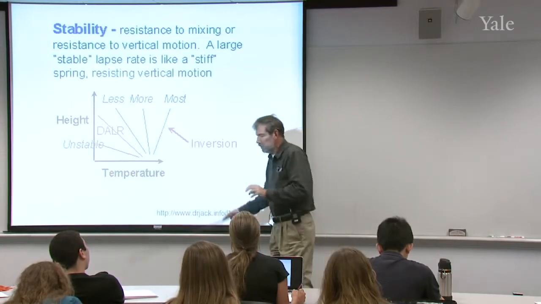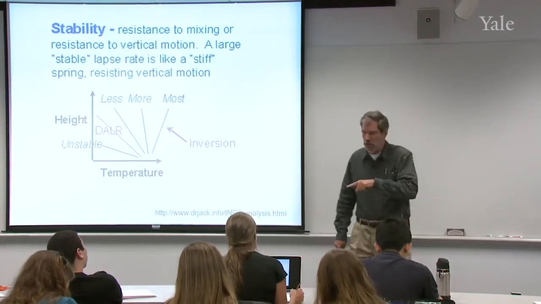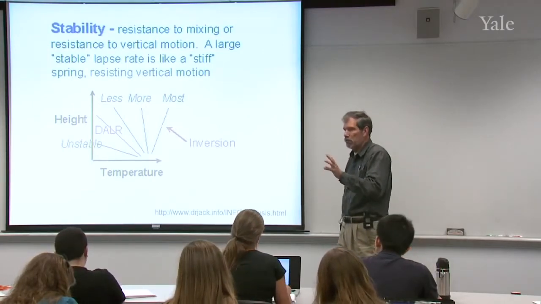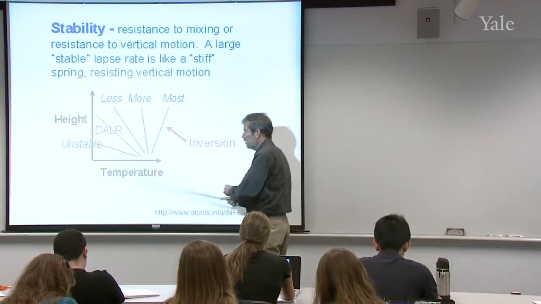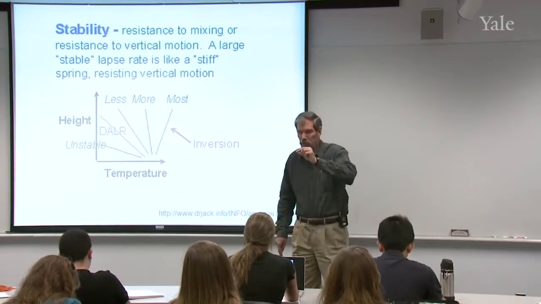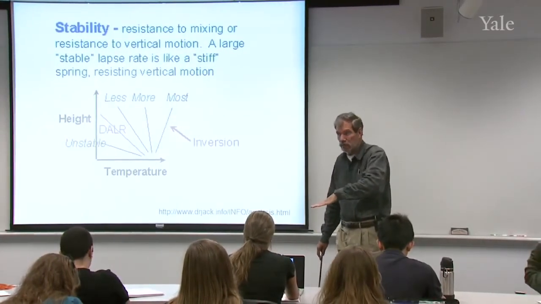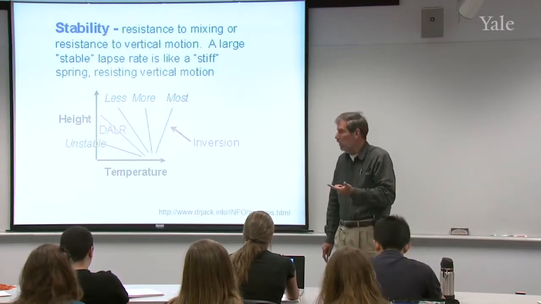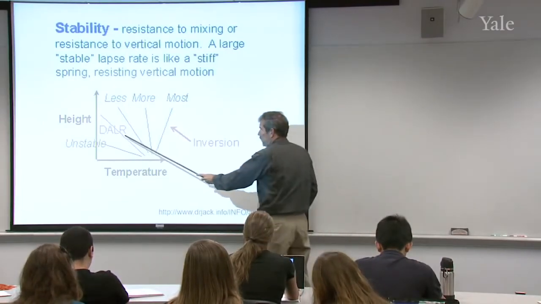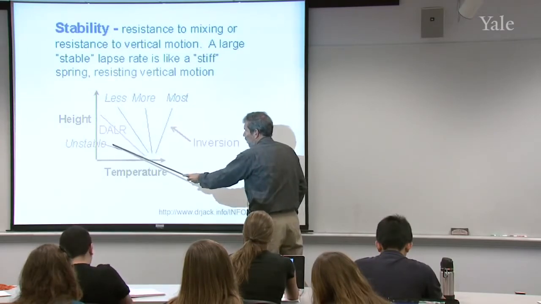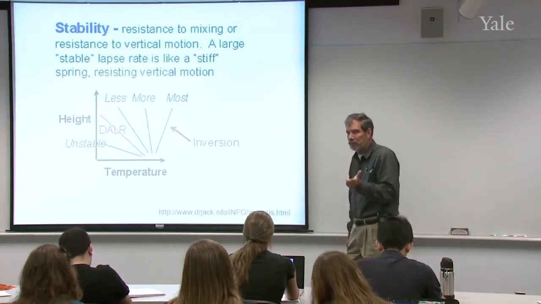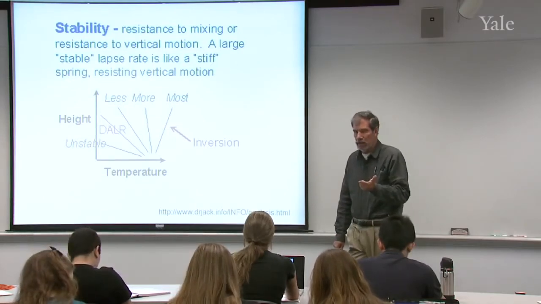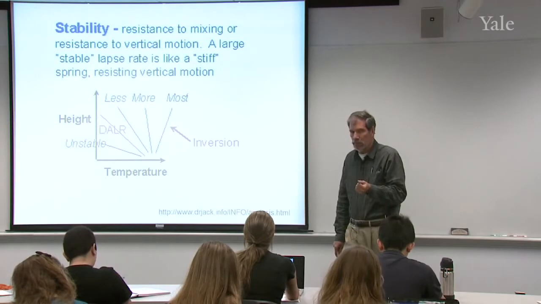So you want to practice sketching these diagrams up to be sure that you always get the right answer about what the parcel is going to do. You might want to practice lifting a parcel as well as pushing a parcel downwards. And in all cases, you should be able to recover this basic idea that the atmosphere is either stable or unstable depending on its lapse rate compared with the reference value of the adiabatic lapse rate. Questions on that?